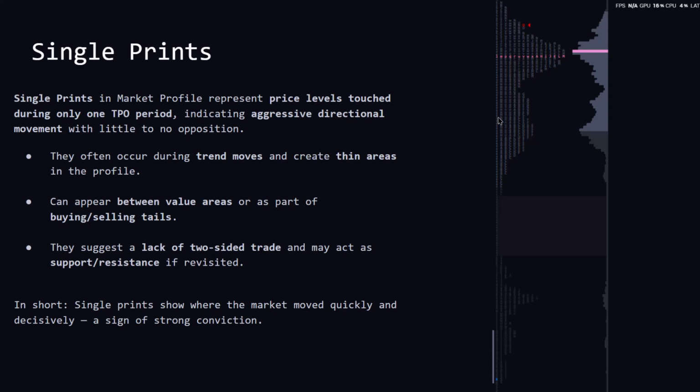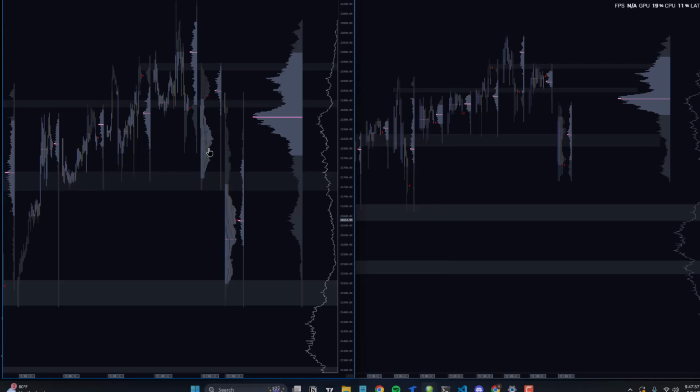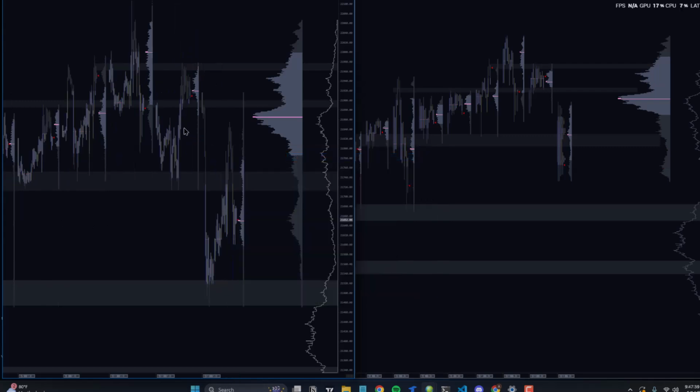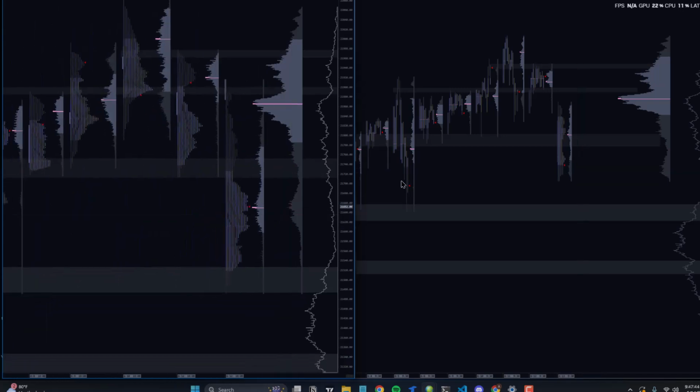Now I'm gonna just show you how I get my levels and, you could say, bias using this and analyzing this. Alright, so here we have my RTH TPO, which is just the cash hour, not including overnight or Globex, whatever you want to call it. And this is including everything, right? I'm gonna do this so we can actually see the periods and everything.